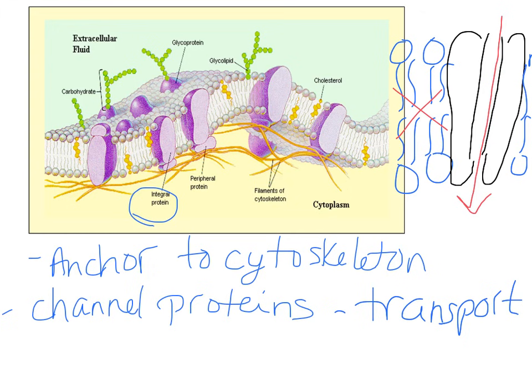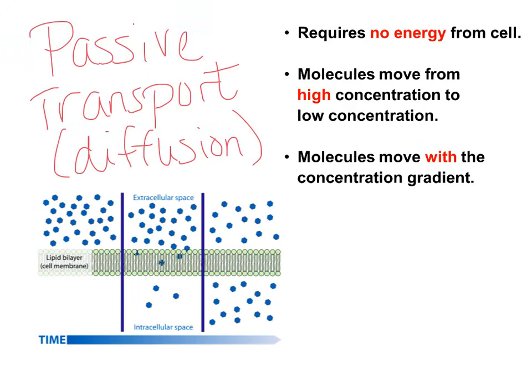So the rest of this, we're going to talk about how things get in and out of the cell. We're going to talk about passive transport and how things move with their concentration gradient. Passive transport is also called diffusion. So passive transport and diffusion are exactly the same thing. Passive transport requires no energy from the cell.